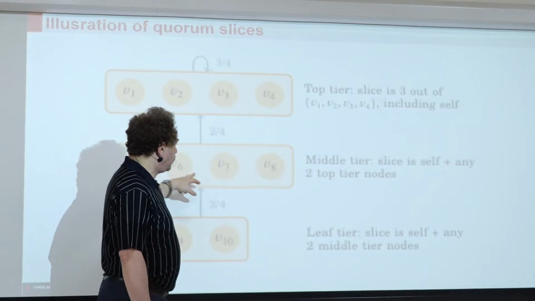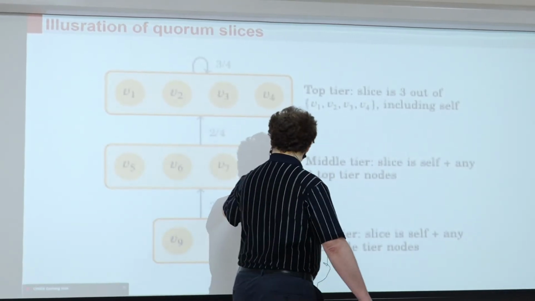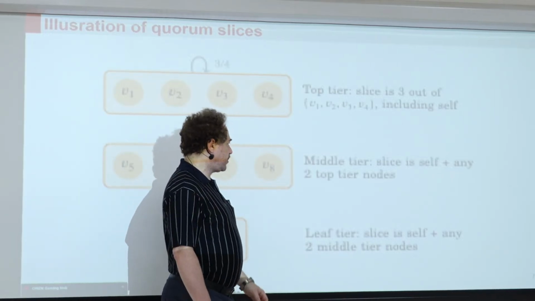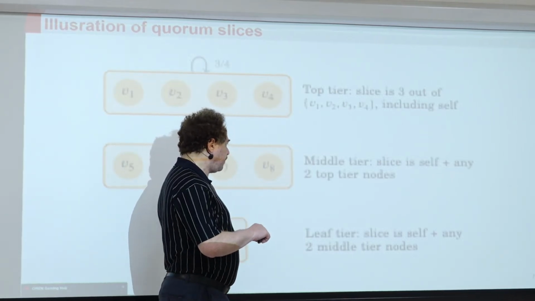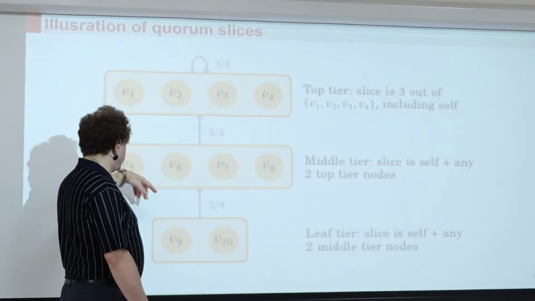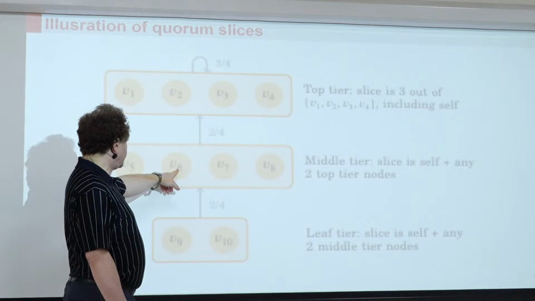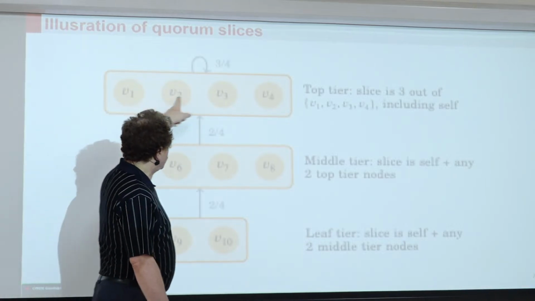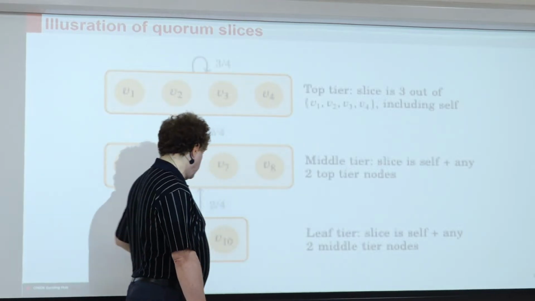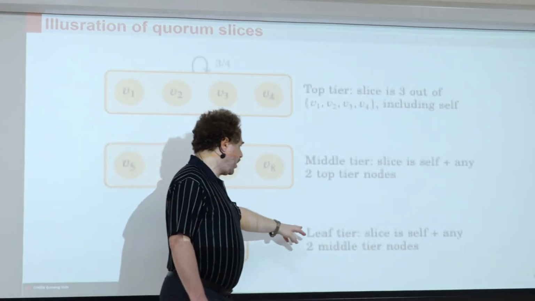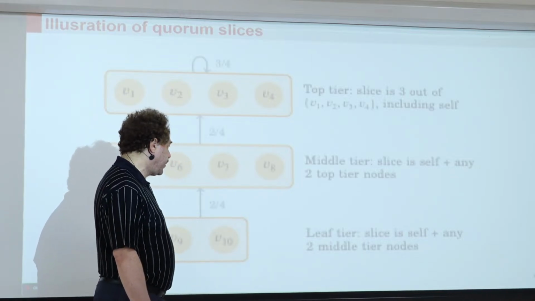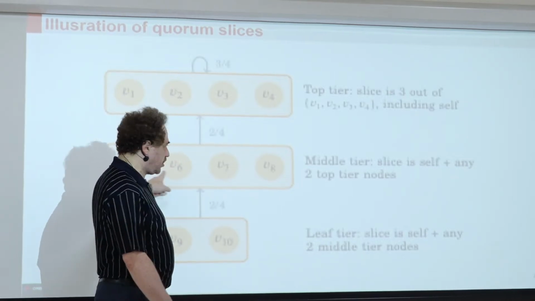Then we have the middle tier. For these nodes, V5 to V8, the slice would be the node itself plus any 2 additional top tier nodes. So a slice for V6 would be V6 and 2 nodes from the top tier. And then we have 2 additional nodes left. The slice for a node here would be the node itself plus 2 additional middle tier nodes.